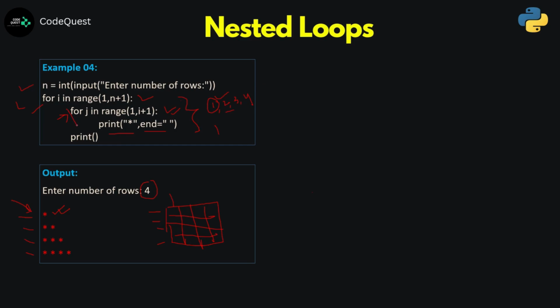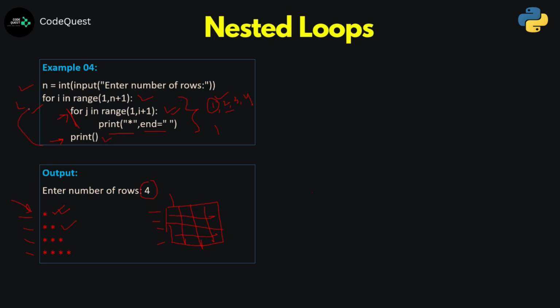Now this inner for loop, which is going to work only once, has printed this asterisk and also a space. After that the inner loop ends, and we come down to this print statement which is specifically written to bring the cursor to the new line. So after this print is executed, the cursor is on the new line.